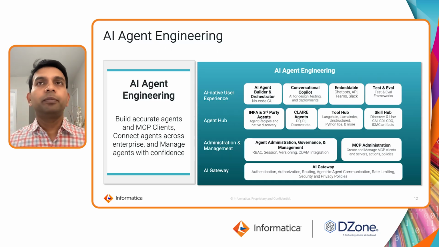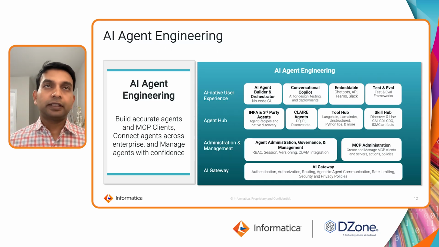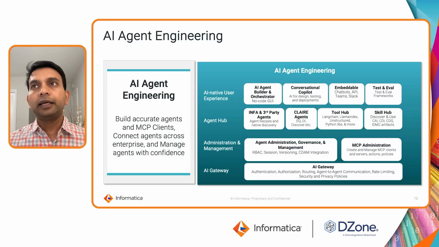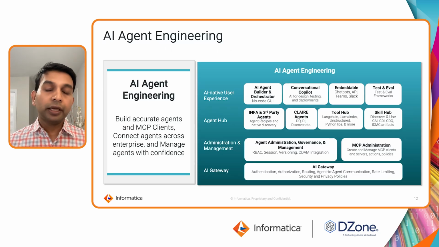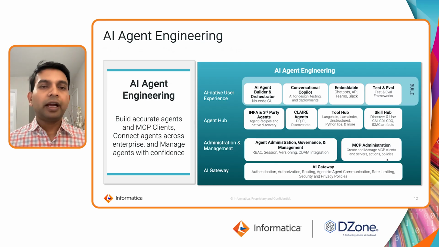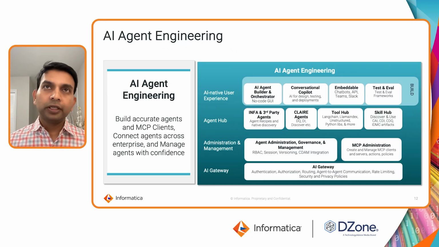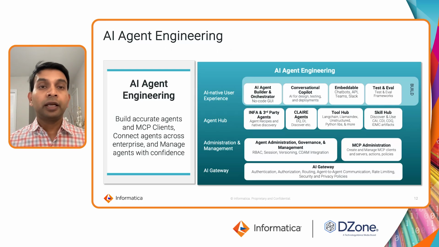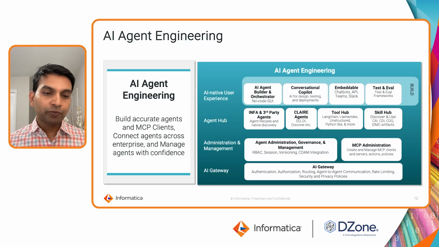And there are three key components of this. The first is the build layer. So we provide a no-code, AI-native experience where you can use no-code tooling to build AI agents. You can use AI for AI, where users can use the Copilot to build their AI agents and MCP clients.